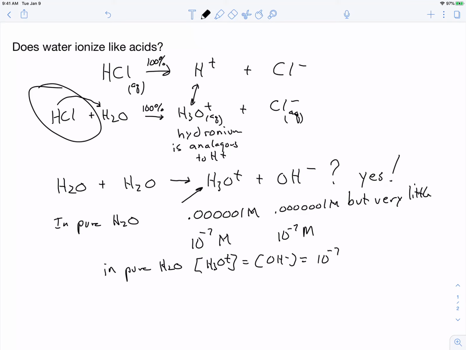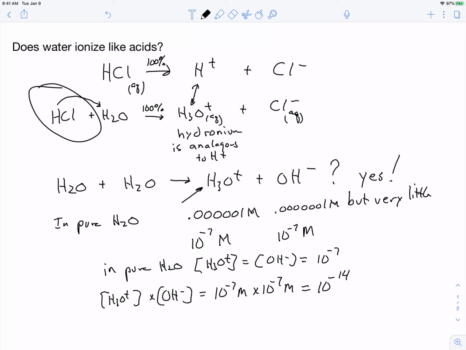It turns out that if we were to multiply this concentration of hydronium times hydroxide, for pure water, we get 10 to the minus 7 molar times 10 to the minus 7 molar. That equals 10 to the minus 14.